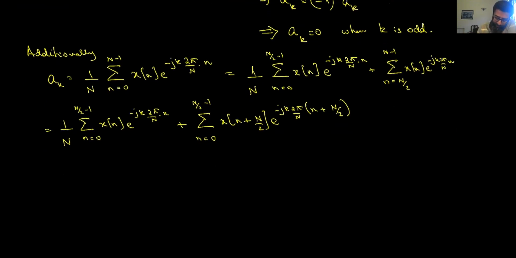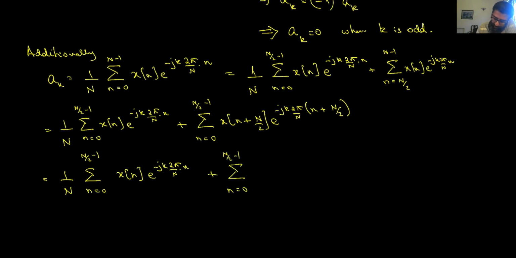So here, this is 1 upon N summation n equals 0 to N by 2 minus 1, this is x of n, e raised to minus j k 2 pi by N times n, plus summation n equals 0 to N by 2 minus 1, x of n plus capital N by 2 is just x of n, and this is e to the power minus j k 2 pi by N times n, and this is minus 1 raised to power k.